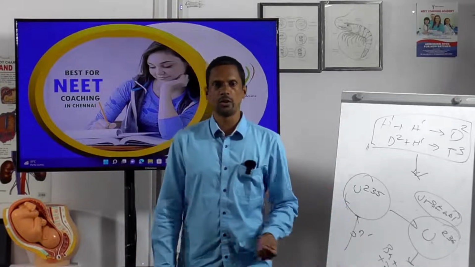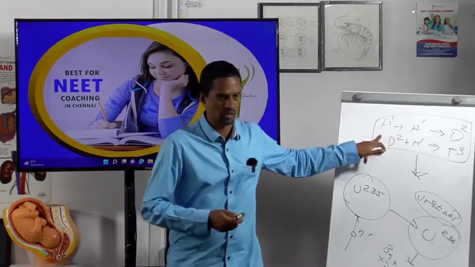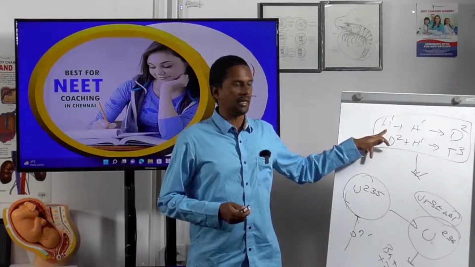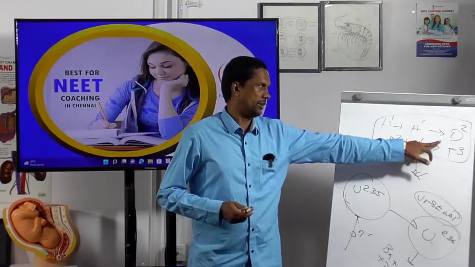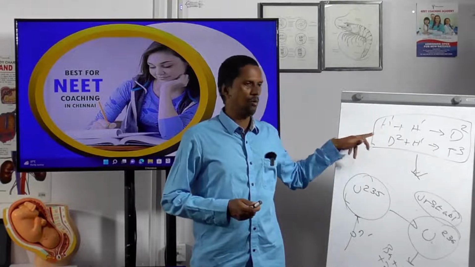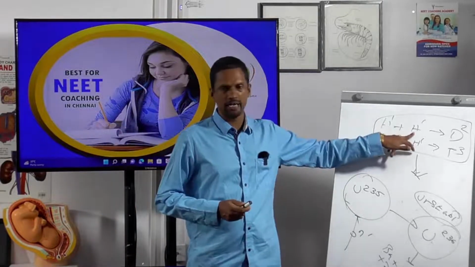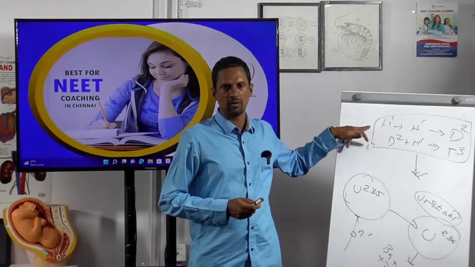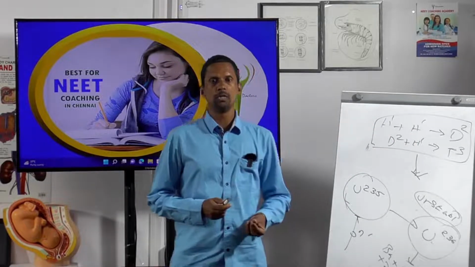Then what is the nuclear fusion process? Hydrogen plus hydrogen. I need to combine hydrogen and hydrogen to give deuterium, and deuterium and hydrogen give tritium. For that, I have to supply a huge amount of energy.